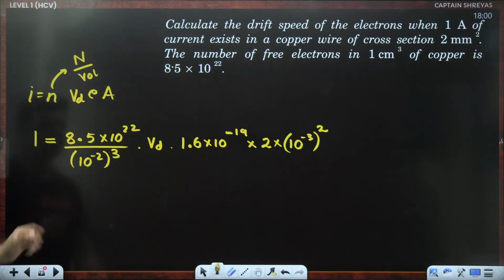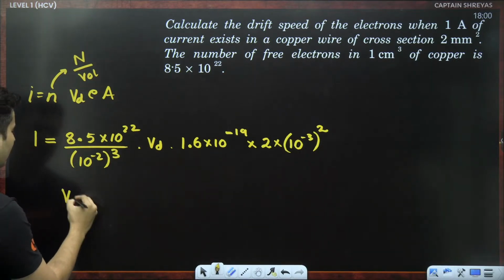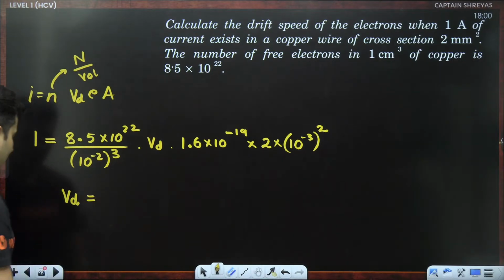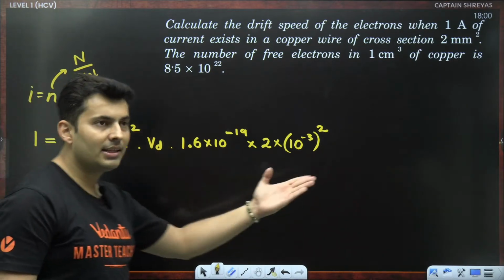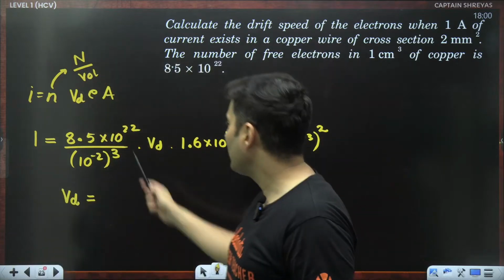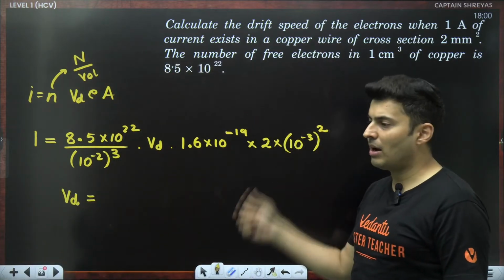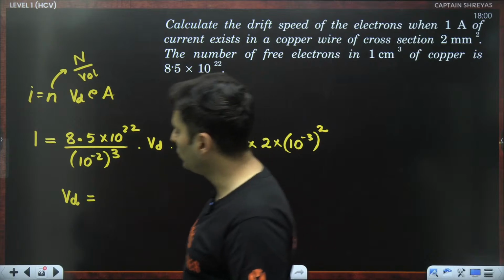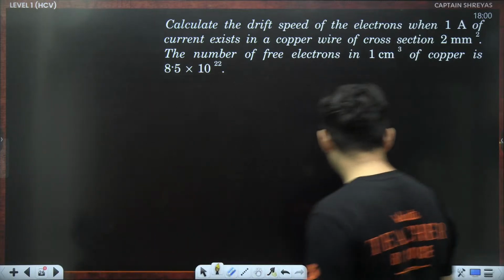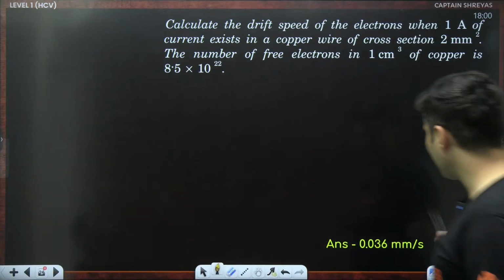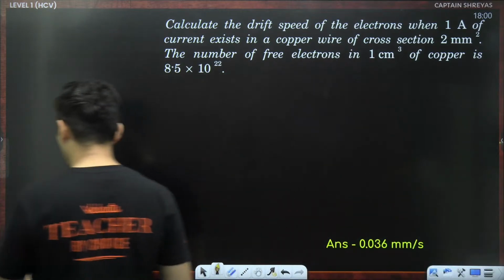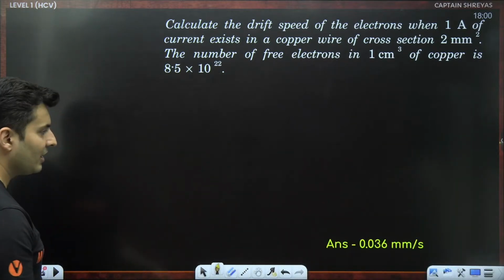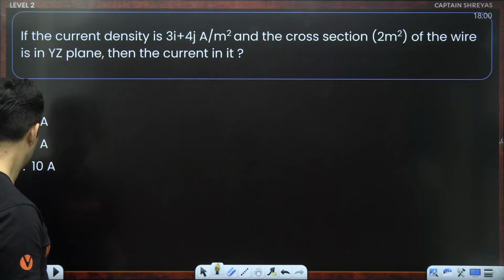Guys, you just need to rearrange these numbers and you will get the answer for the drift velocity. Is that okay? Everything is given to you. Cancel the powers, do whatever calculations are required, and just check out the answer. If you get it as 0.036 millimeters per second. That's so less, guys. 0.036. Wow.